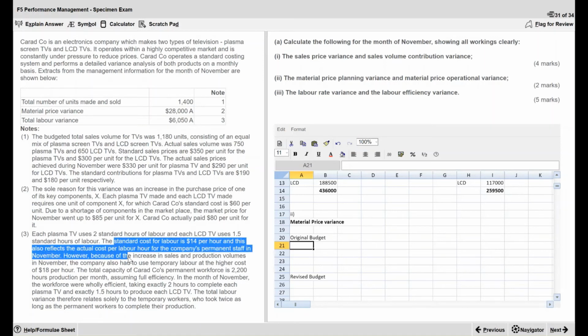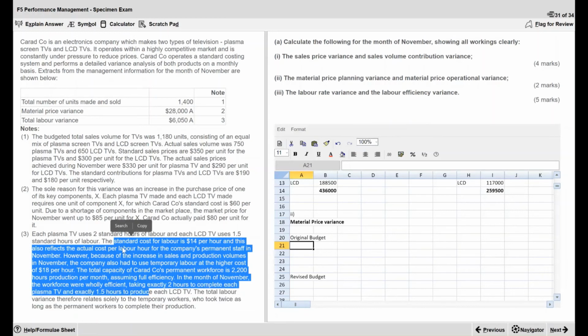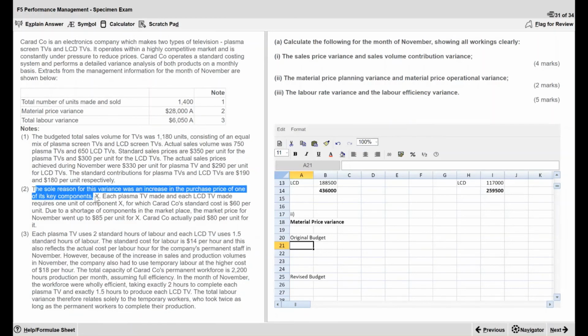But we are talking about material, so I don't think we have information of material here. The sole reason for variance was an increase in the purchase price of its key component X. Each plasma TV made and each LCD TV made requires one unit of component X, for which Caratco's standard cost is 60 per unit.